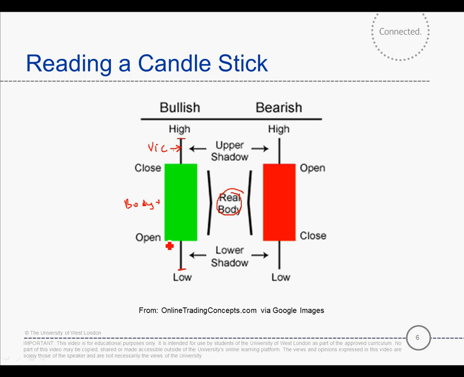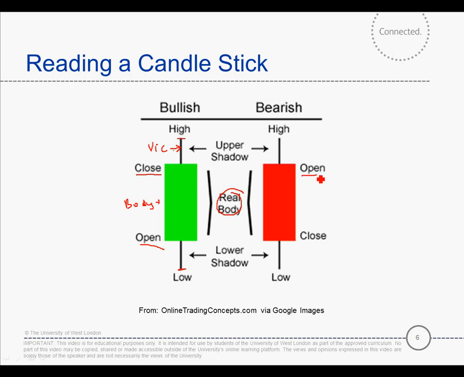So when the market opens at 8:30 in the morning, it opens at one price. And the market closes at 4:30 in the afternoon, it closes at another price. If the price at 4:30 in the afternoon is higher than the one in the morning, it would have a green body. So the close price is greater than the open price.